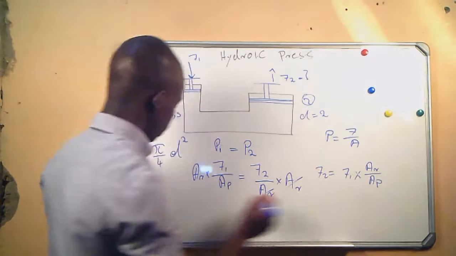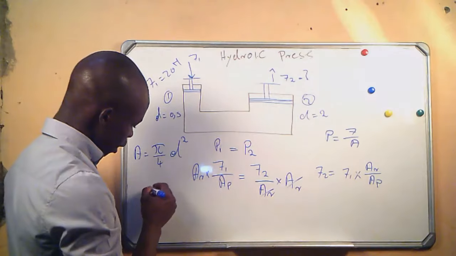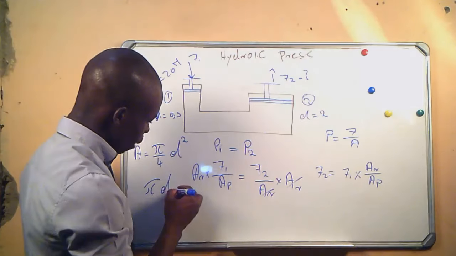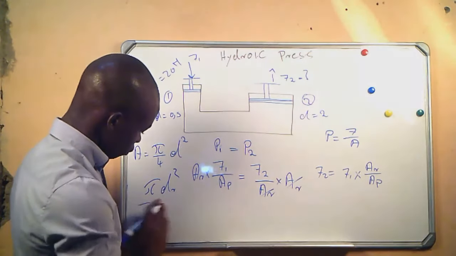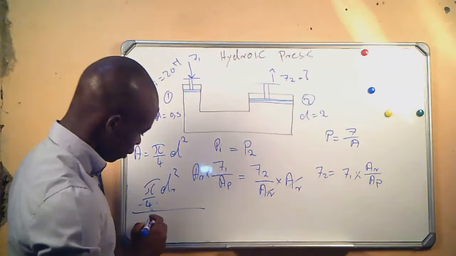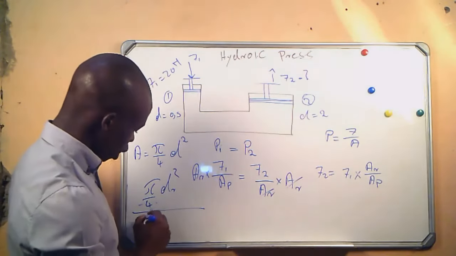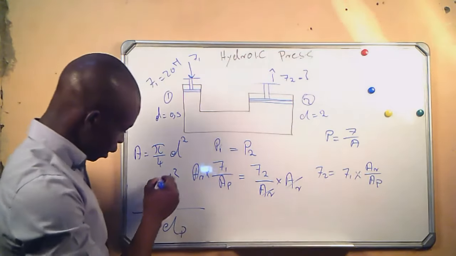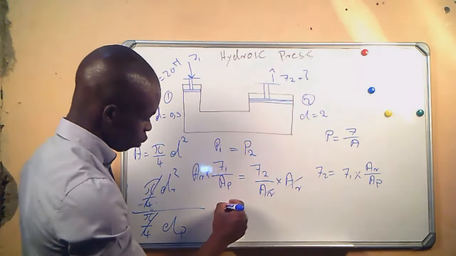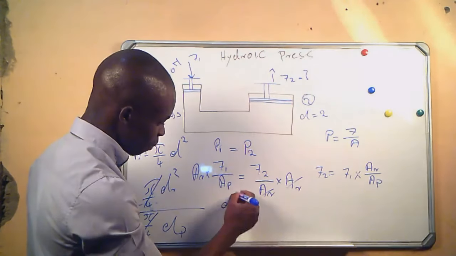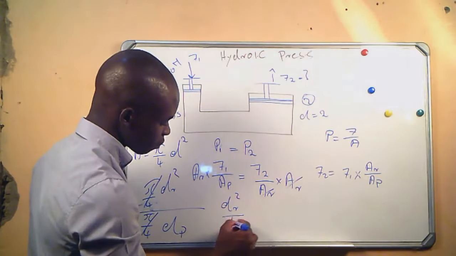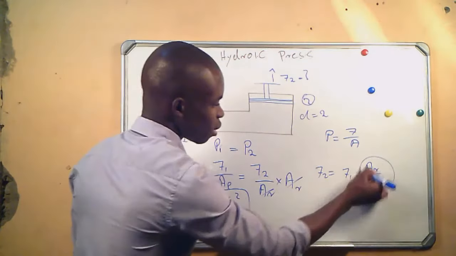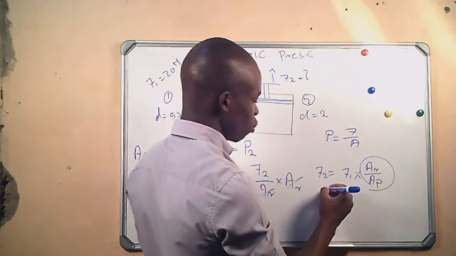So the area of the ram is pi times the diameter of the ram squared divided by 4, divided by the area of the plunger, pi divided by 4 times the diameter of the plunger squared. The pi over 4 cancels out, and we are left with the diameter of the ram squared divided by the diameter of the plunger squared, which means we can replace the area ratio with this.